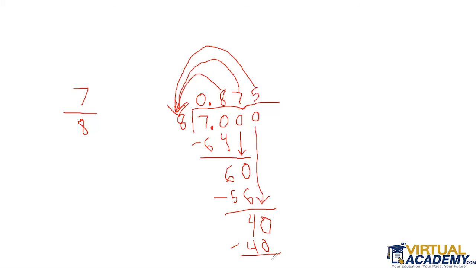You subtract that, we get 0. All right, so 7 over 8 equals 0.875, okay?